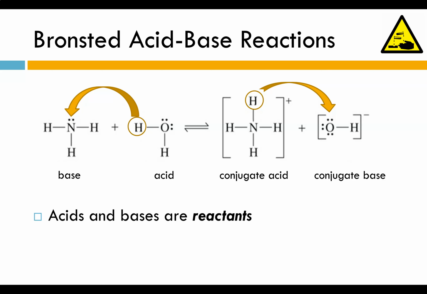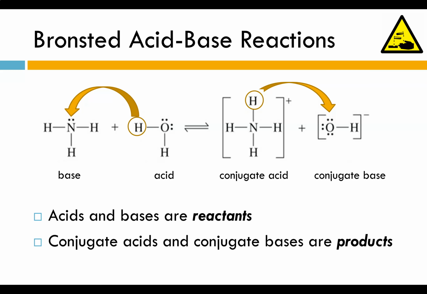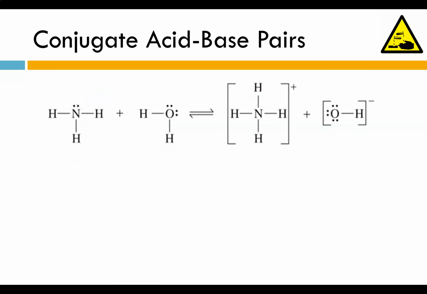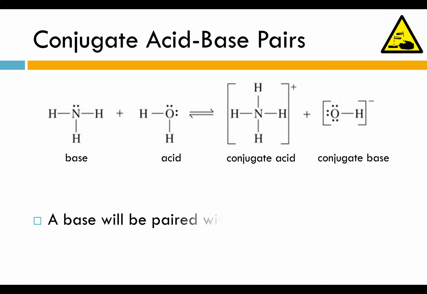So again, our acids and bases are going to be on the reactant side, to the left of the reaction arrow. Our conjugate acid and conjugate base will be on the product side, and that's just a naming convention. We can pair up the acid and its conjugate base and the base and its conjugate acid. We've already labeled which substance is behaving as acid and base on both sides of the equation.